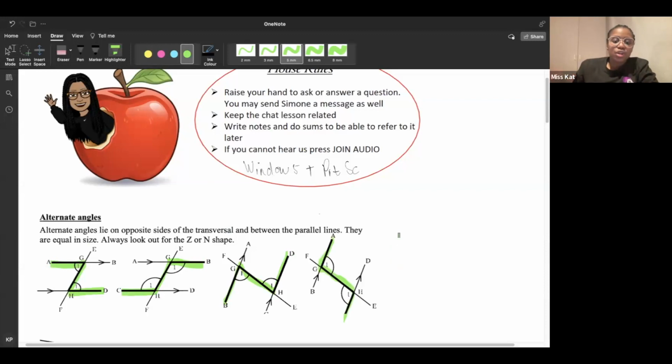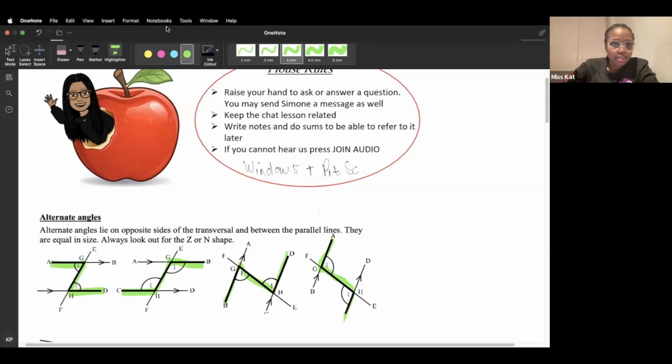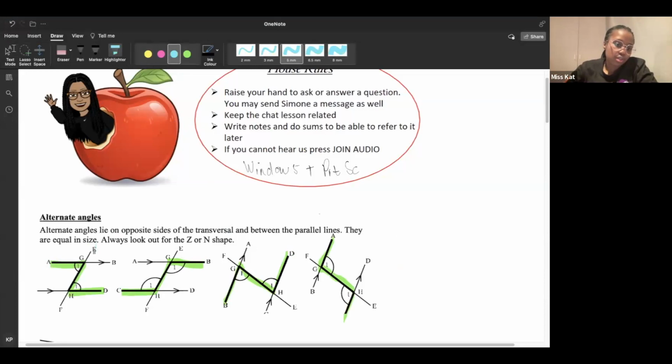Okay. So those angles, they are on opposite sides of the transversal. This would be our transversal, EF. Okay, so they are on opposite sides of the transversal, as in G1 is on the left and H1 is on the right.